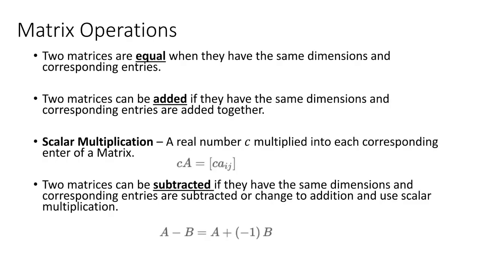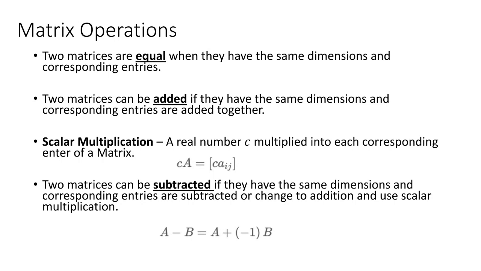Okay, so let me put the file back up. And let me go to the section that we're in. All right, so in 8.2, we want to talk about when are two matrices equal to each other, when can we add them, when can we multiply them, and when can we subtract them, and so on.